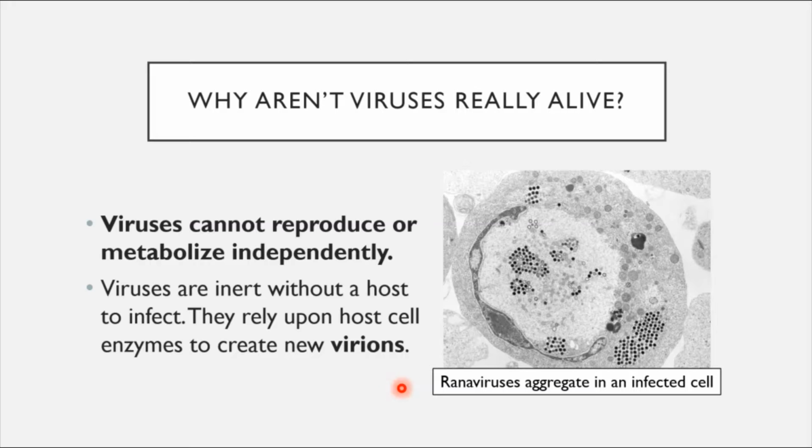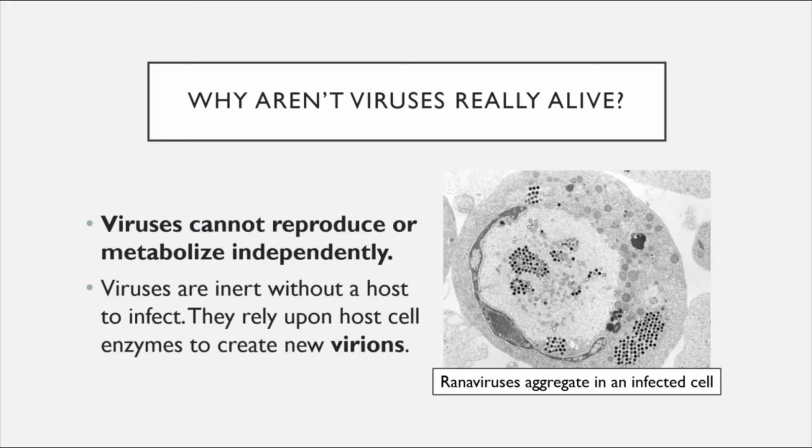Virions are viral particles. And so the ability to reproduce is one of those universal characteristics of living organisms that biologists acknowledge must be present in order for something to be considered alive.